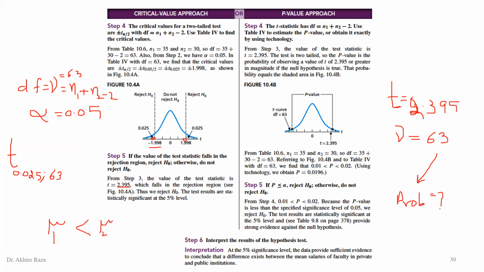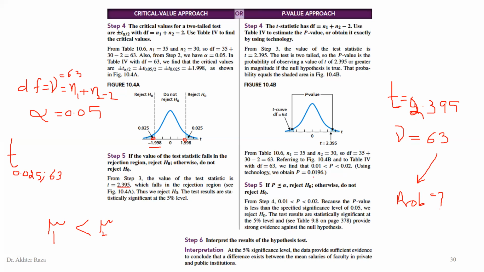So how is the p-value computed? In step number 3, you have computed the t observed. T observed is 2.395 against the degree of freedom 63. Look up these two numbers in the t table and get a probability. That probability is smaller than 0.02 or larger than 0.01.